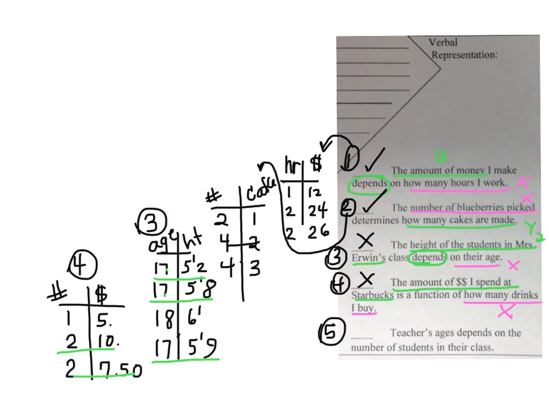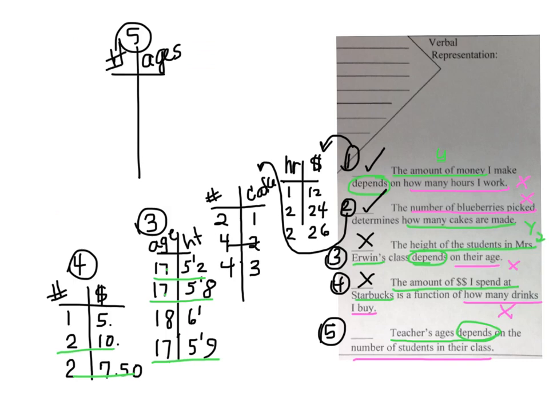All right, the last one. Teachers' ages depends on the number of students in their class. Okay, so we're saying that teachers' ages depend on the number of students in their class. Let's make a table for this. We'll put ages and the number of students. Well, I think I have 22 kids in my Algebra 2 class, and I'm 29.